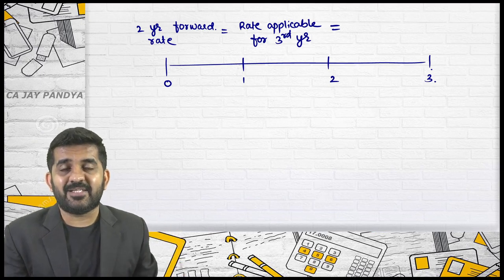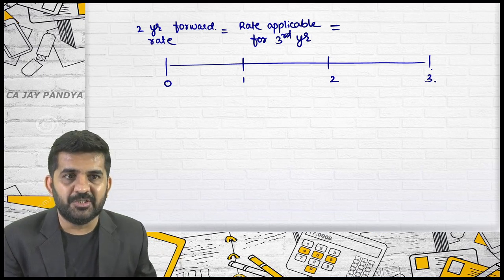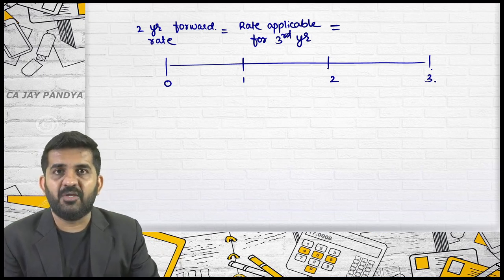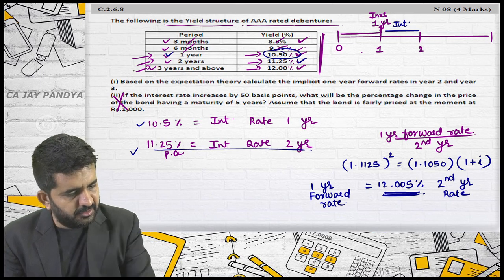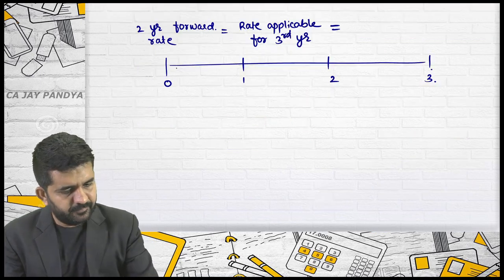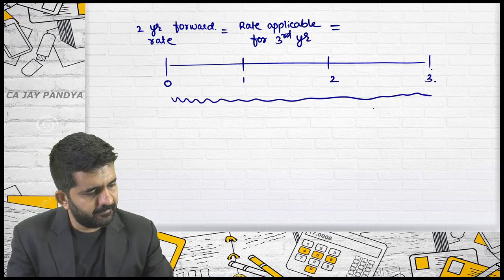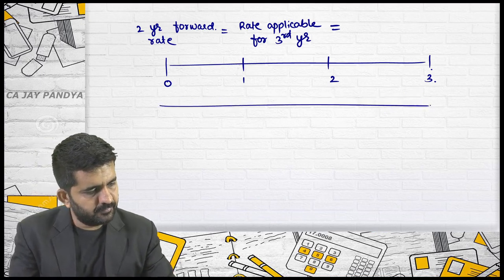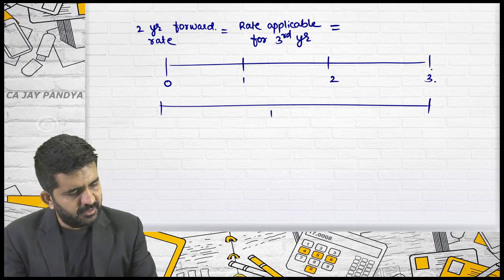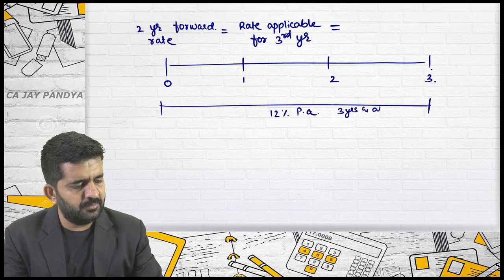What is the interest rate if I am borrowing for 3 years? Sorry, for 3 years and above, it is 12%. This is 12% per annum, for 3 years and above.